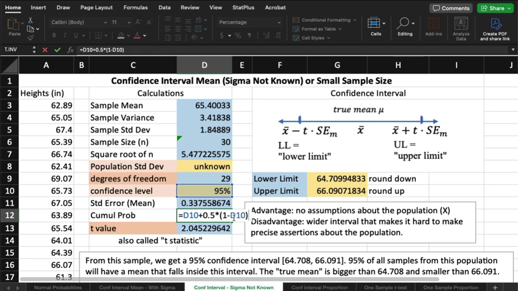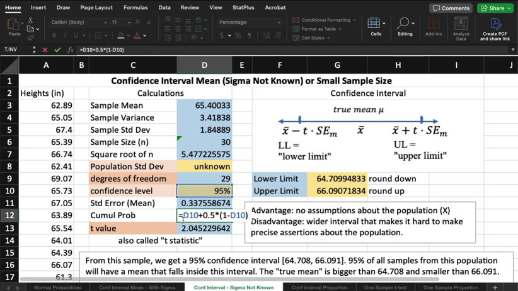So remember, the confidence level is an area. It's an area at the center of the curve, which means that whatever's left over gets split half and half on both sides. So you have half of the remaining 5% on the left, and half of the remaining 5% on the right, and we want to include the half that's on the left.